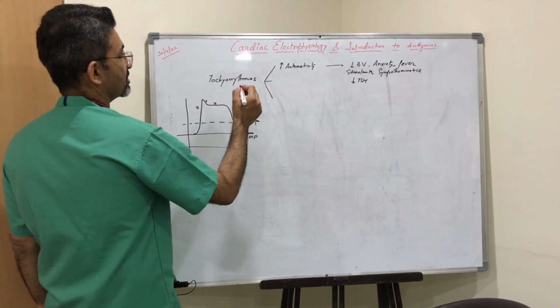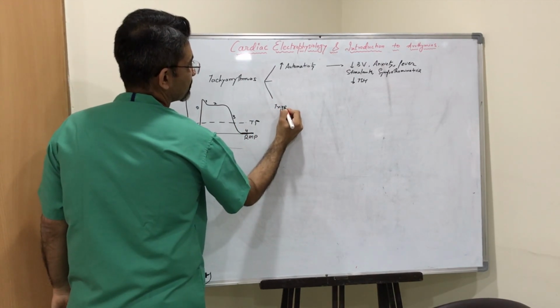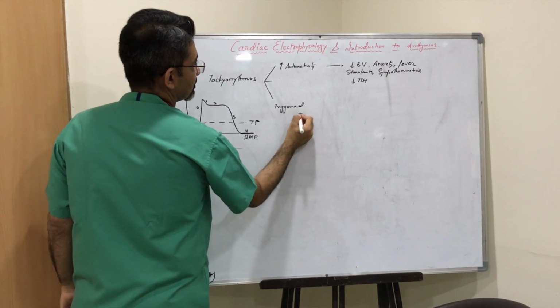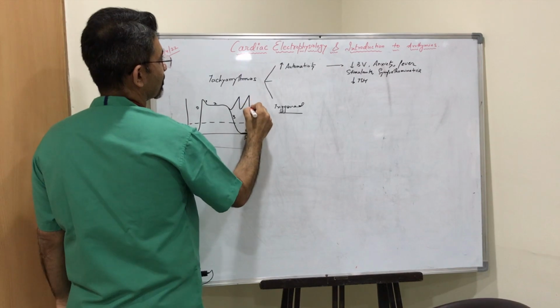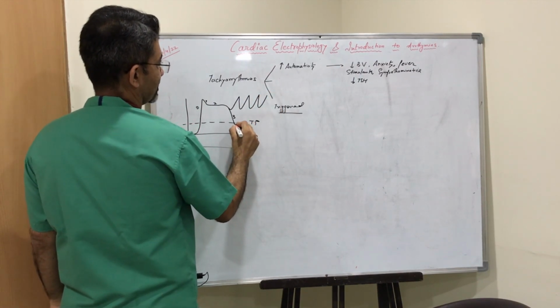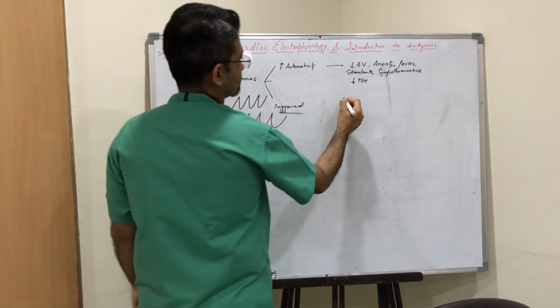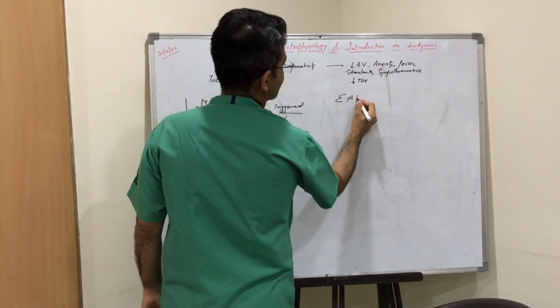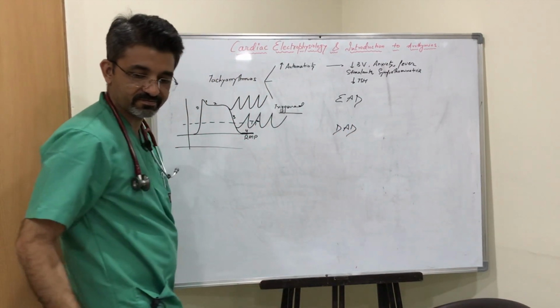So whenever there is any problem in the cell, it gets triggered. The triggering factor could be early, which is known as early afterdepolarization, or it can be late, known as delayed afterdepolarization. So early afterdepolarization, delayed afterdepolarization.